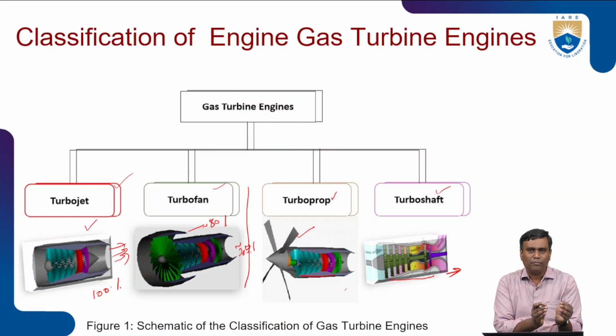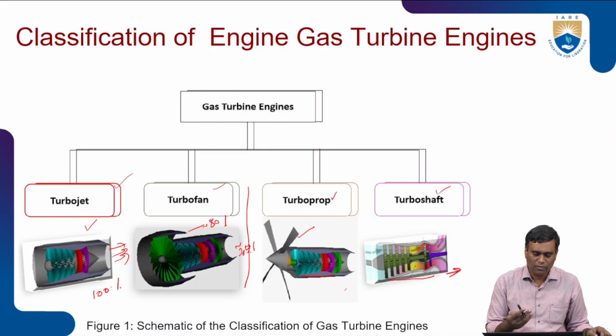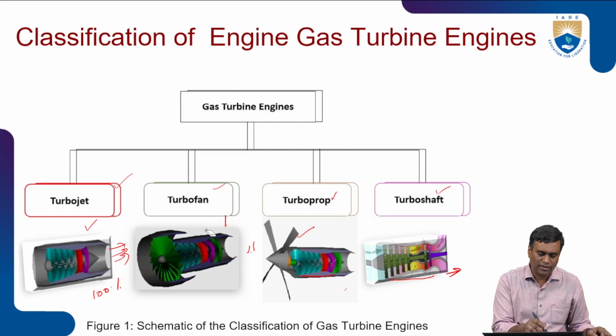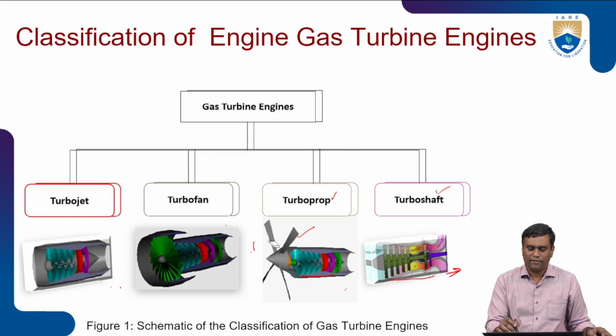Turboprop has a little, but the majority of the thrust is generated by the propeller. This is how we can classify these two groups of families and remember the differences between them.